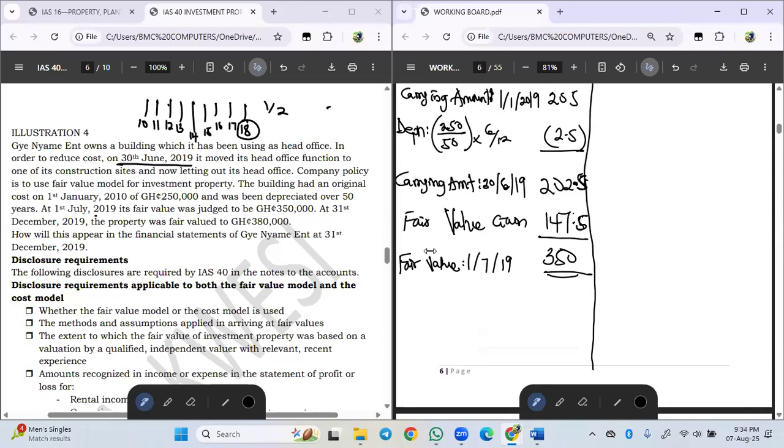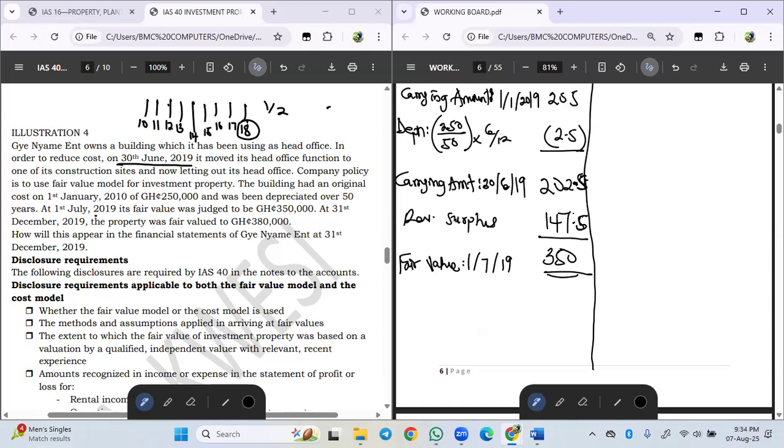Oh, sorry. I think this one will be revaluation rather, because we are still in PPE. Sorry for that one. So you can call it revalued amount. So this one will be revaluation surplus.